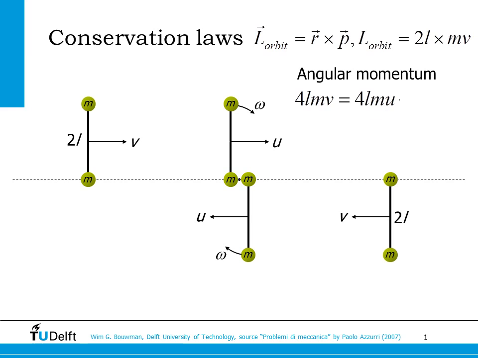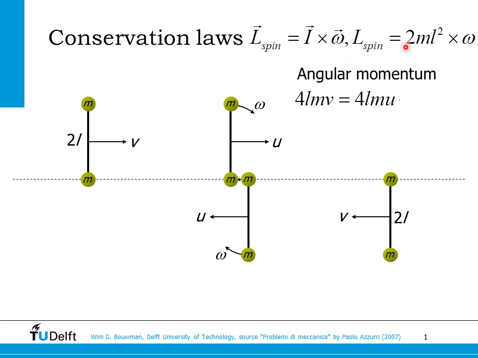We don't have only the angular momentum of orbit, but also of the spin after the collision. And the angular momentum connected to spin is given by the moment of inertia times the angular velocity. Now the moment of inertia of any mass is the mass times the distance squared.